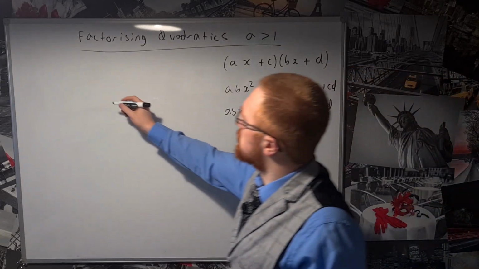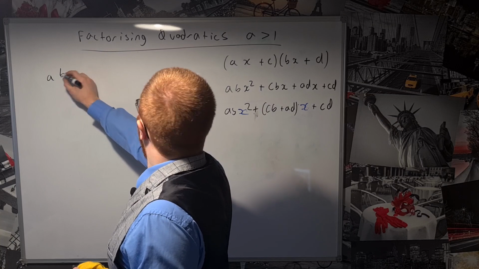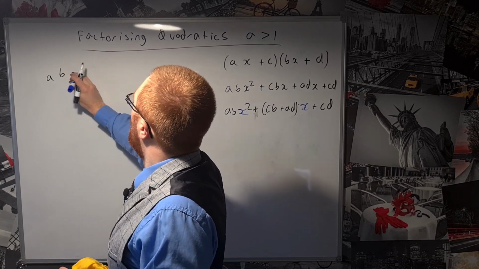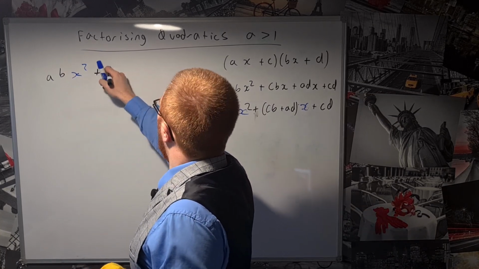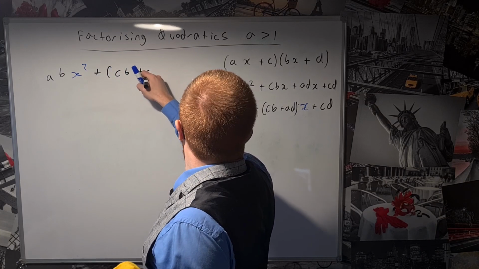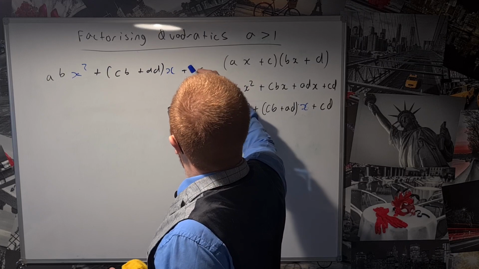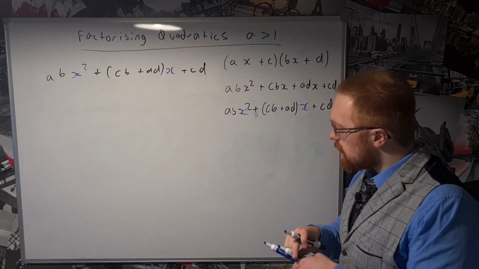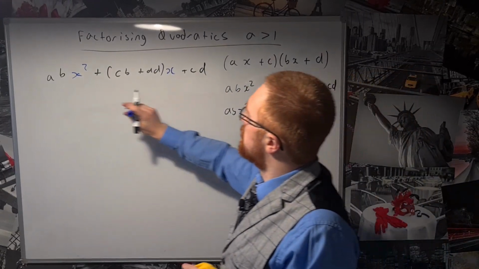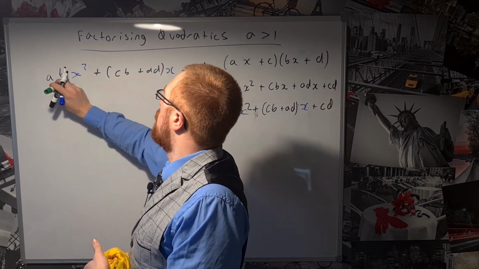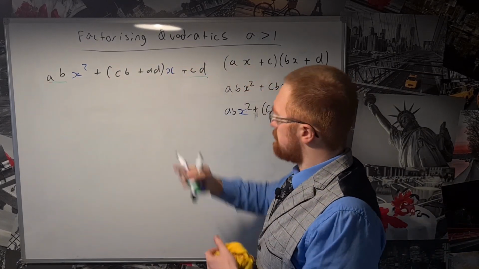So that's going to be what we're starting with, and we're just going to follow our method through with this. Remember our first step was to multiply the coefficient of x squared by cd.